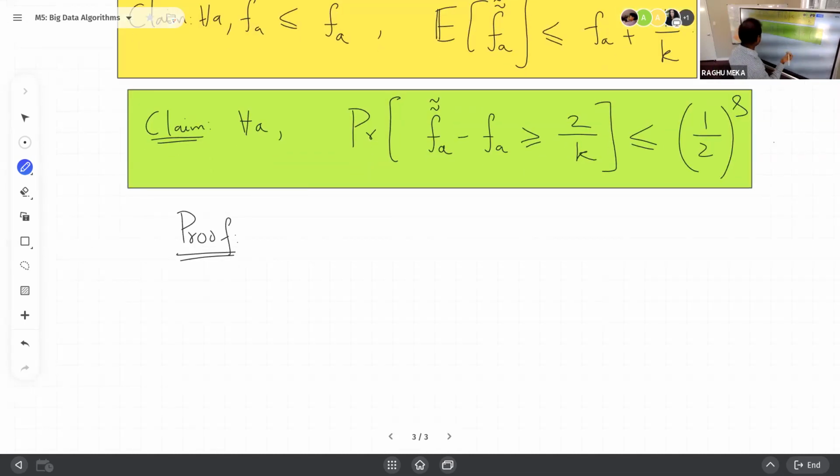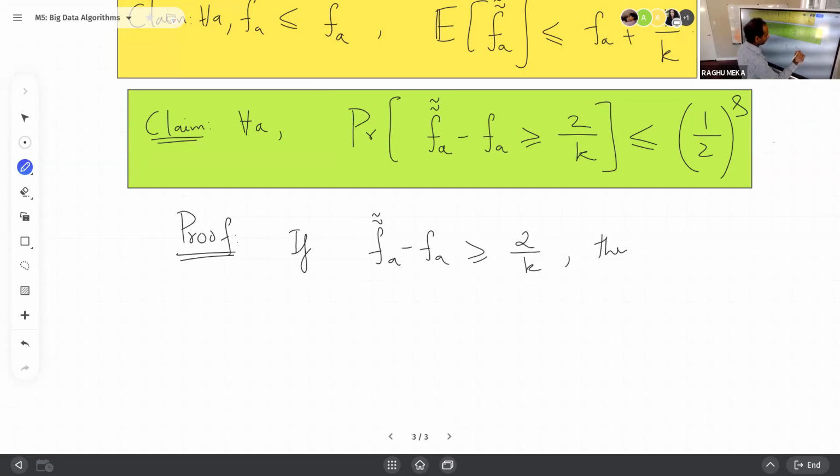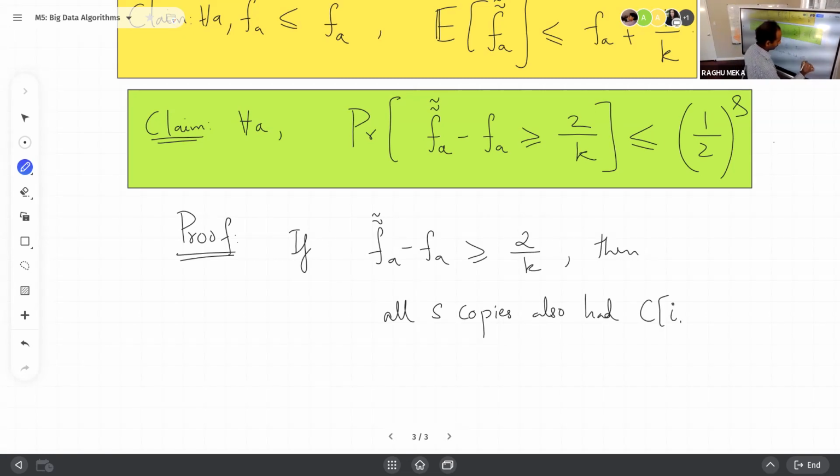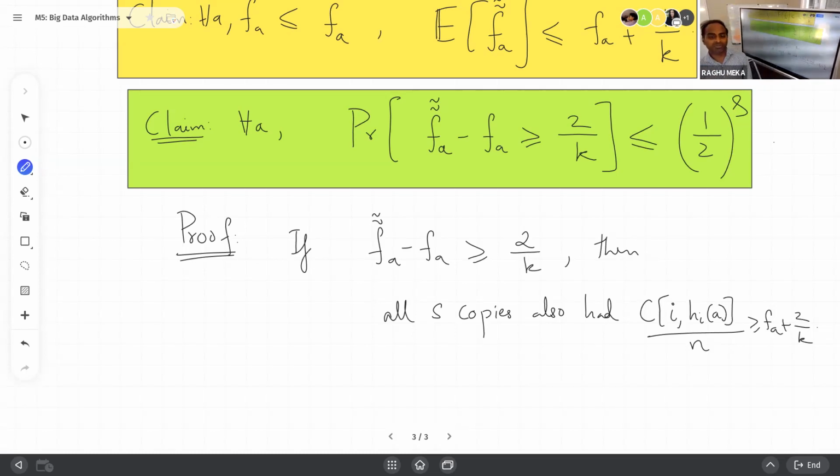So the reason is that if the minimum was bigger, then every one of them was individually bigger, right?